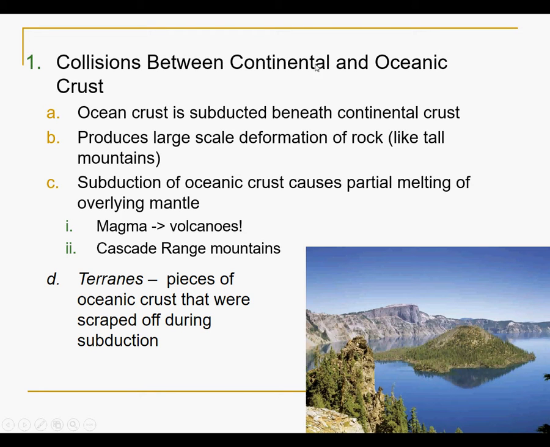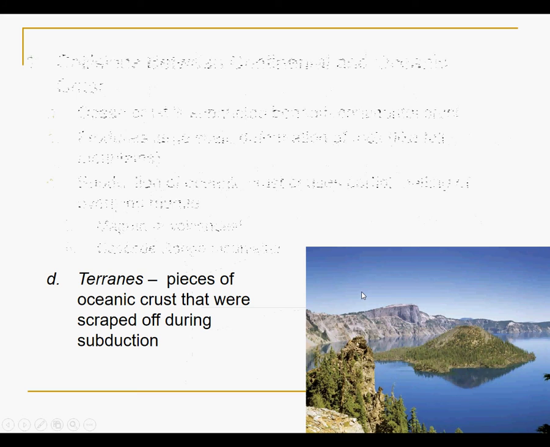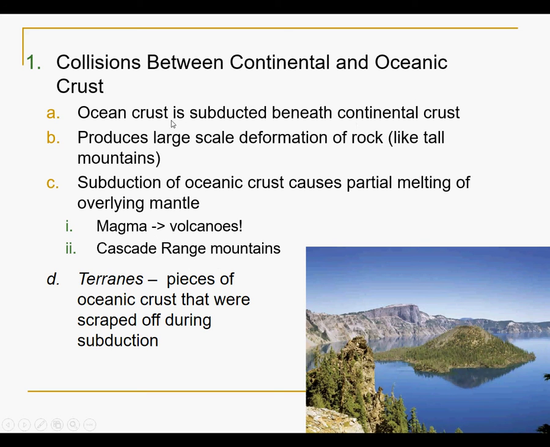If we look at a collision between a continental and oceanic, so back here, this is oceanic crust, this is continental crust. What ends up happening is the ocean crust goes under, right? And so we see lots of magma, lots of volcanoes, the Cascades clearly along the west coast.